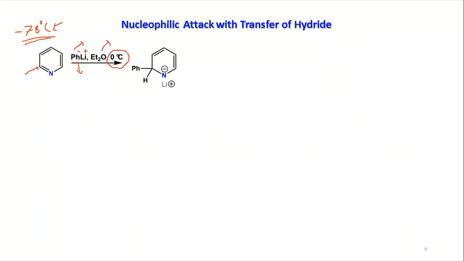But at relatively higher temperature, what we see is that nucleophilic reaction is going to happen. You have the temperature now here 0 degree instead of minus 78, and that's why we find the nucleophilic reaction. You have different places, the alpha, beta, gamma, and we have seen that the gamma and alpha are more preferable.